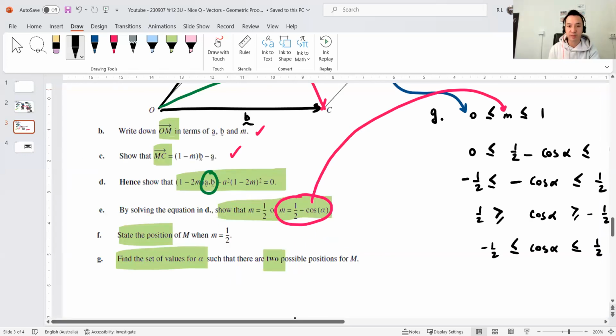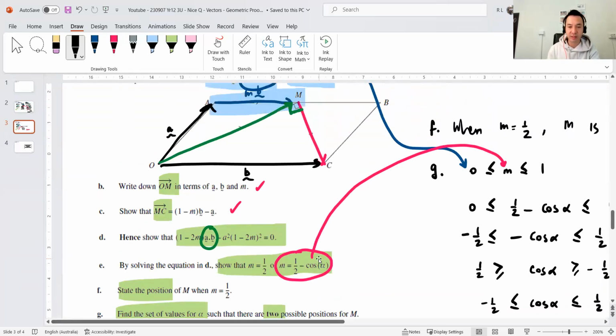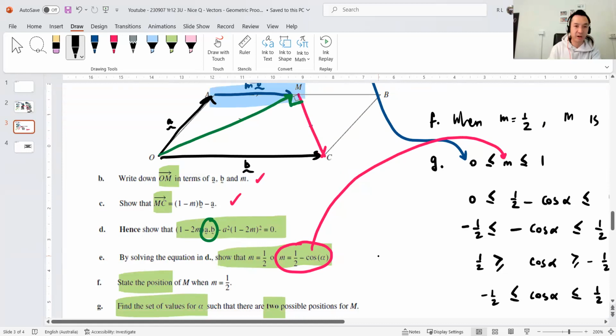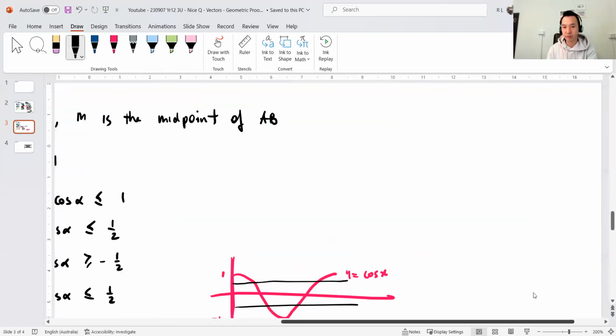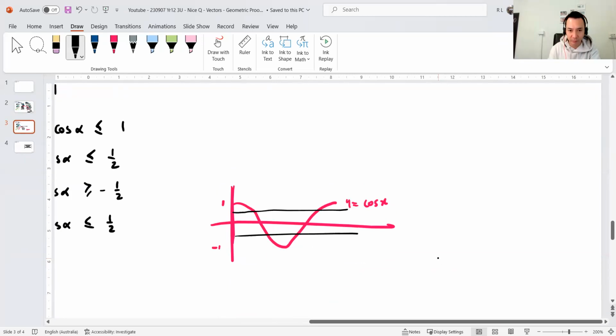Now, in this triangle, we know that the angle of alpha can't be bigger than 180. So in this case, where's 180? 180 is pi, it's there. So for it to be within the range, it has to be there and there.